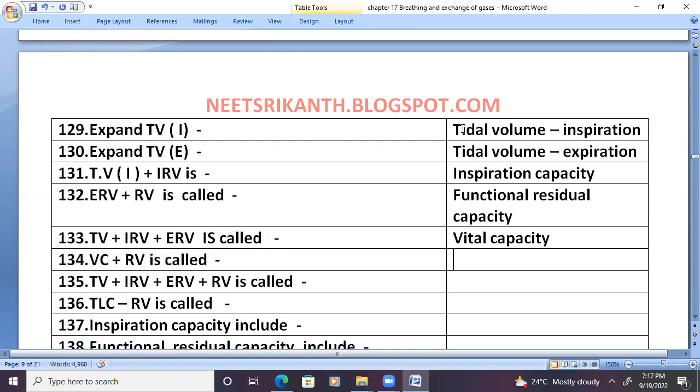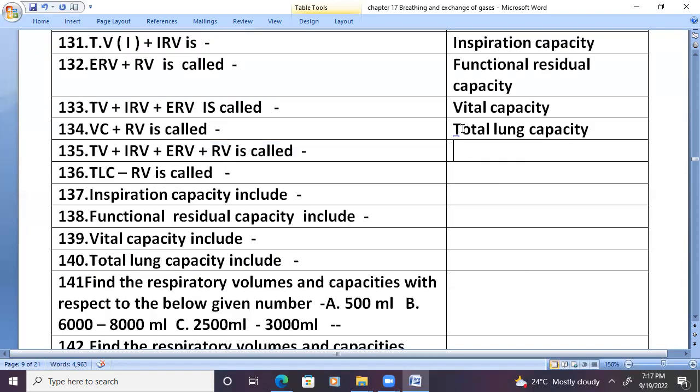Vital capacity along with the residual volume is called total lung capacity. TV plus IRV plus ERV plus RV is called the same, total lung capacity. TLC minus RV is called vital capacity.